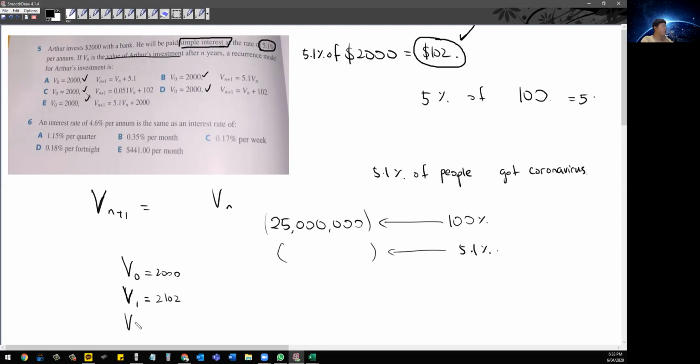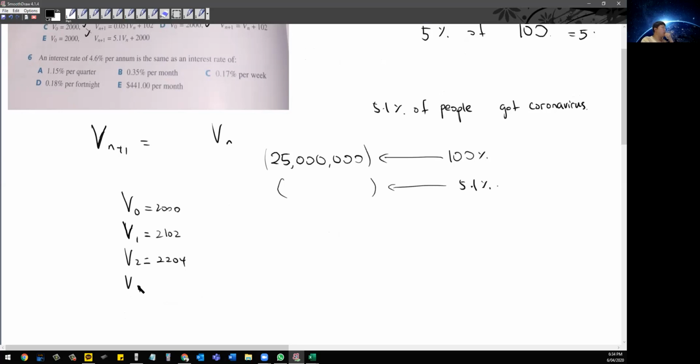So what's going to be V2, another year later? Are you working on it? 2,204. Exactly. So it keeps on going like that. It keeps on increasing by how much? $102. So this is like an arithmetic sequence.